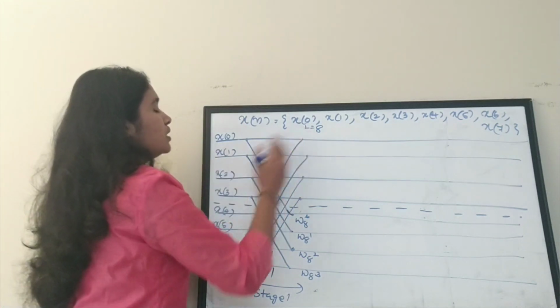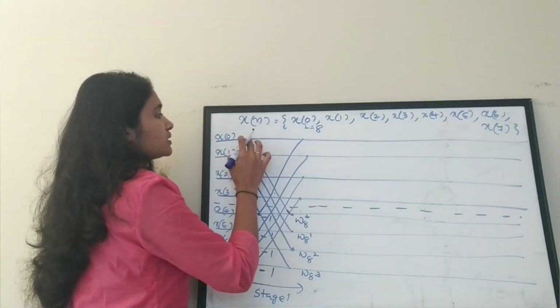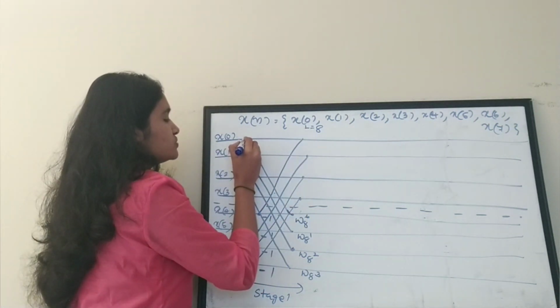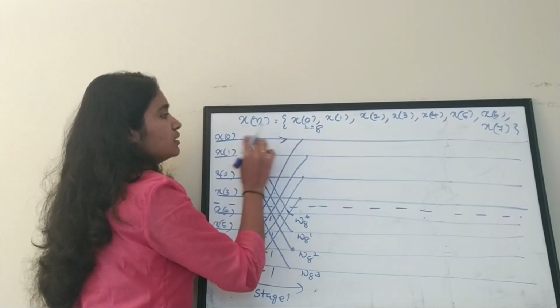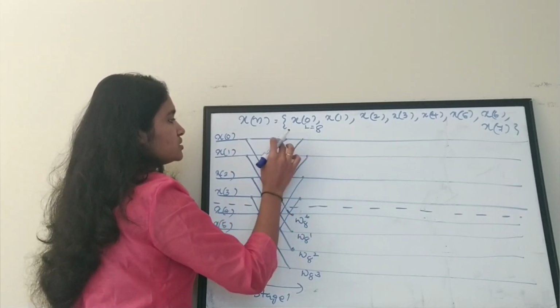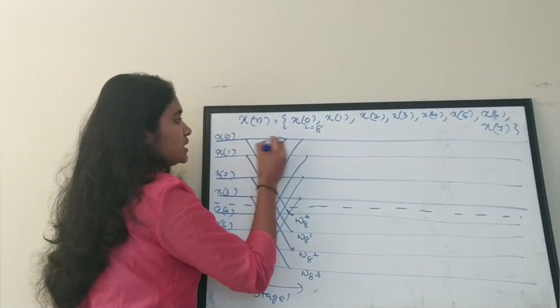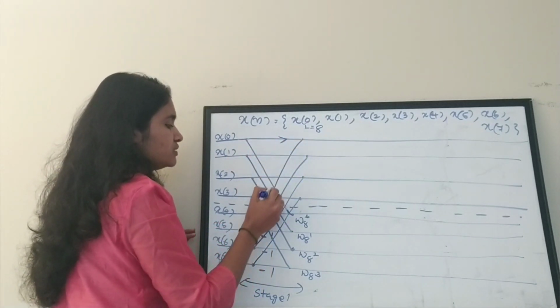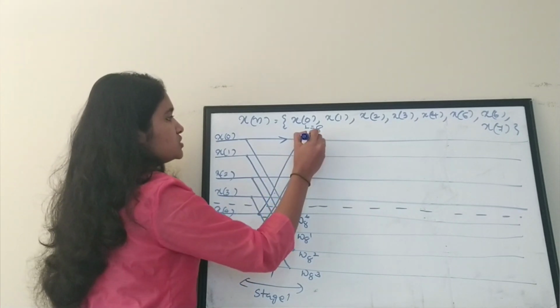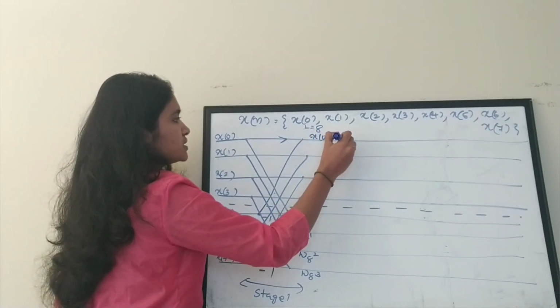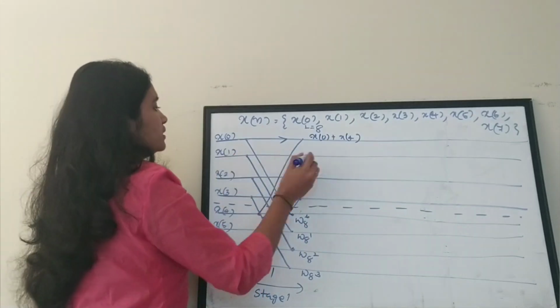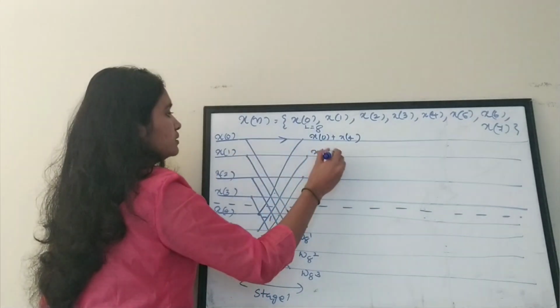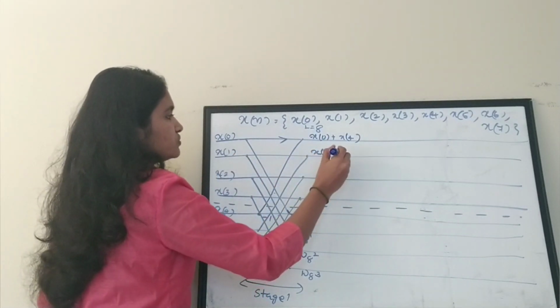Okay, now how will be your output? This is your x of 0, which is your first input for this branch, and the second input is coming from, let's look at the diagonal, from where it is coming, from x of 4, right? So x of 0 plus x of 4. Here it is x of 1, next one is coming from x of 5, so x of 5.